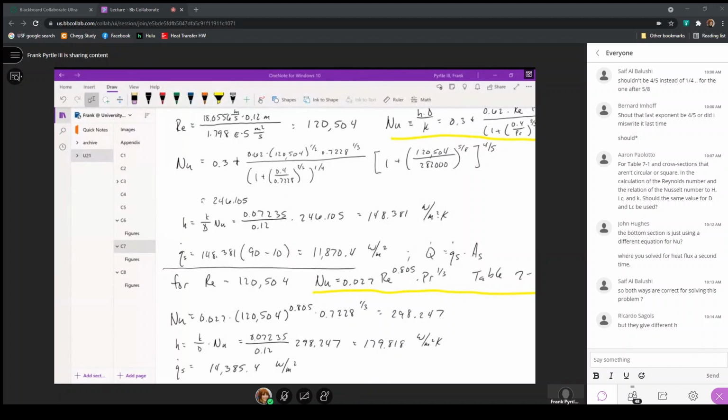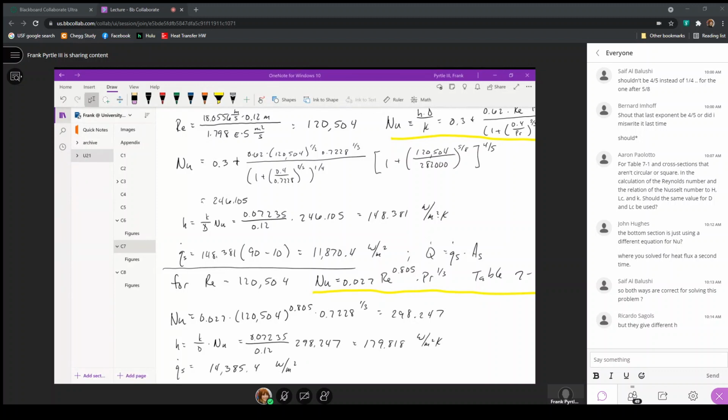Ricardo, the reason that I am referring to these different correlations is that, yes, they give different heat transfer coefficients. And at the very beginning of, or during the lecture last time, I communicated that different experiments are used with real fluids that have their own properties to develop these expressions.